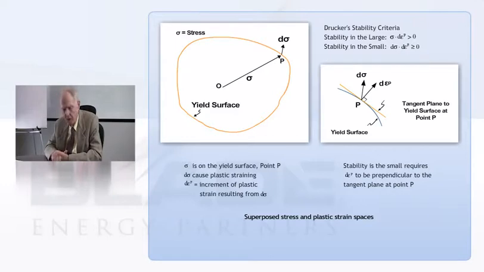The second, stability in the small condition, can be as it's depicted here. You can also do this in a different way. You see it in a different way sometimes in books, that instead of just having sigma, the way it's drawn here, you can have two steps. I go from the origin O out to some point not on the line that is shown there with sigma, and then I can stop there. I'm still inside the yield surface, so it's all elastic so far.